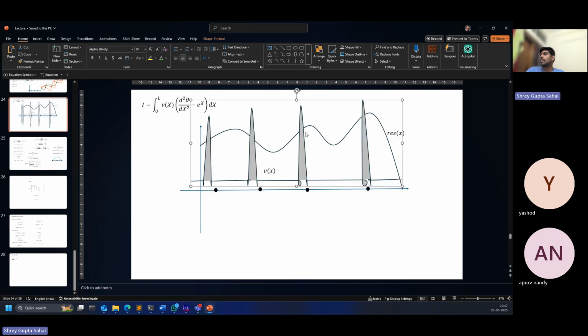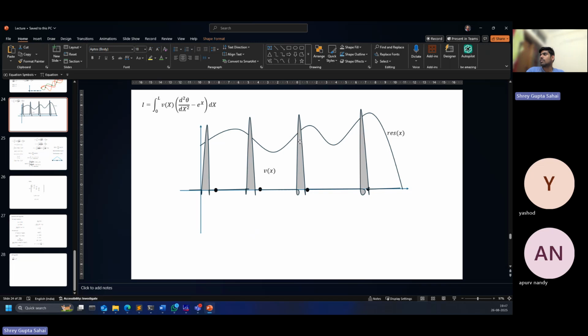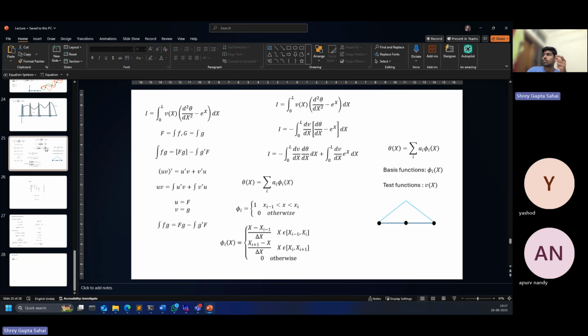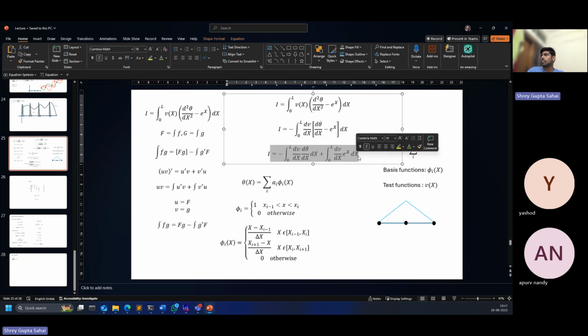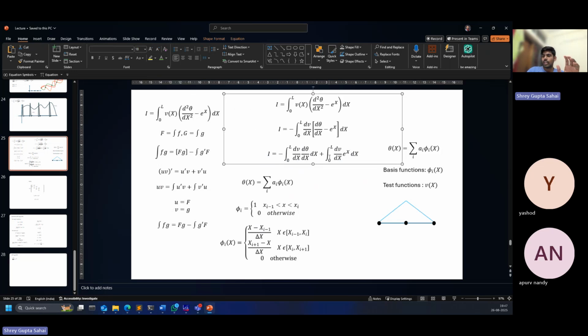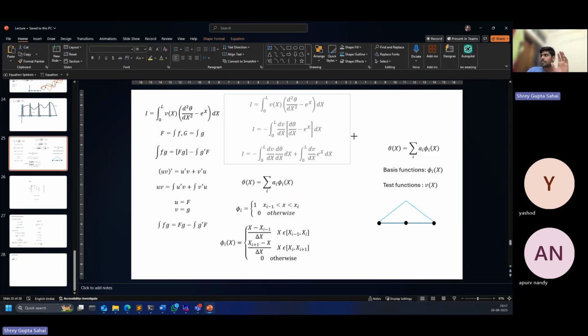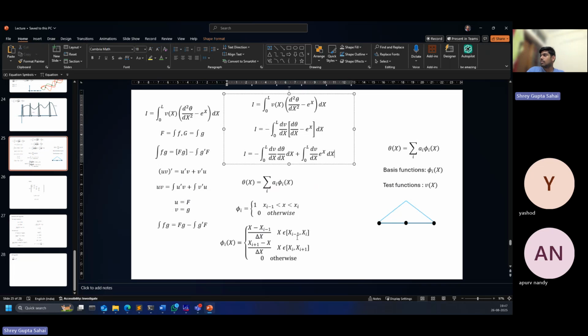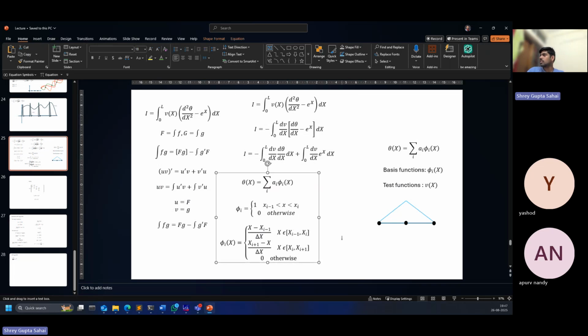We want the integration over specific regions, specific nodes. So we have to solve for n number of nodes. At every node we have to solve this integral and get a zero out of it. You get this point? So our v of x will have to be something of this sort.